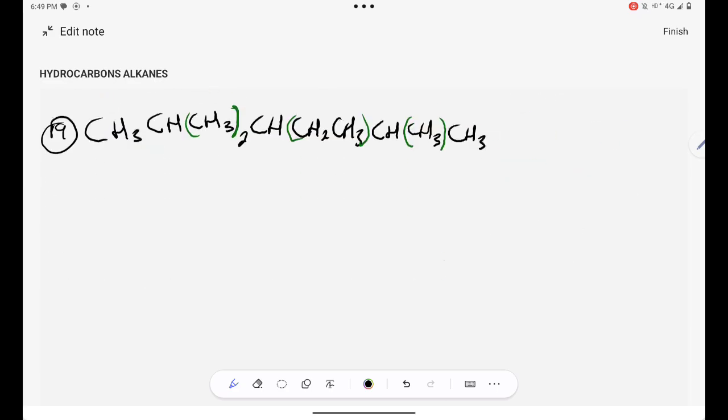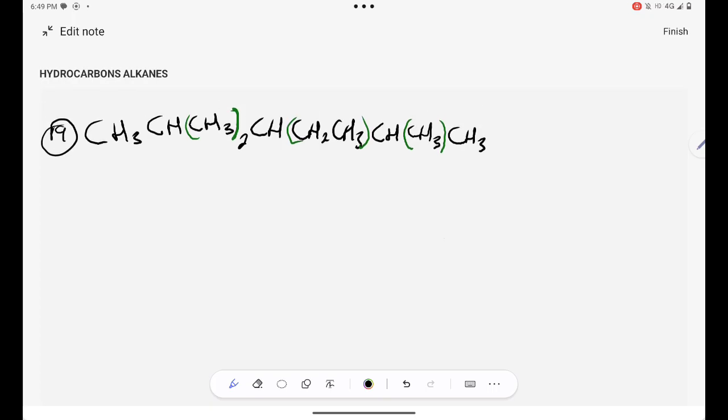Okay, and then for the 19th one, I simply have CH3, CH. Let me remove this so that this thing will make sense.